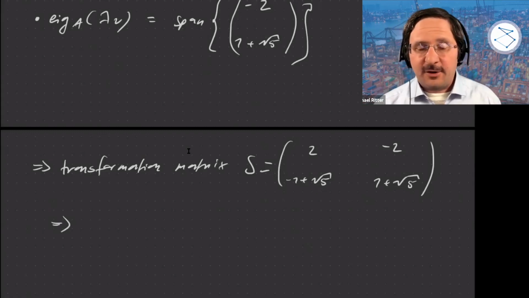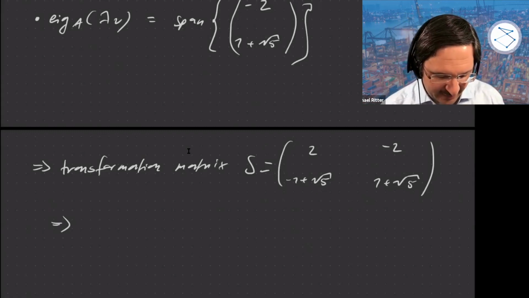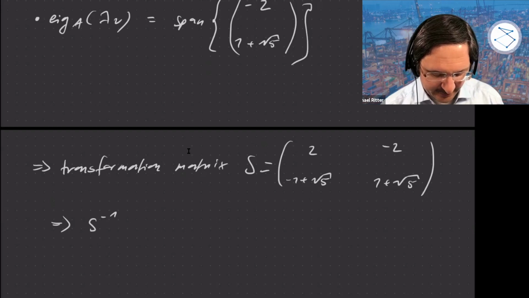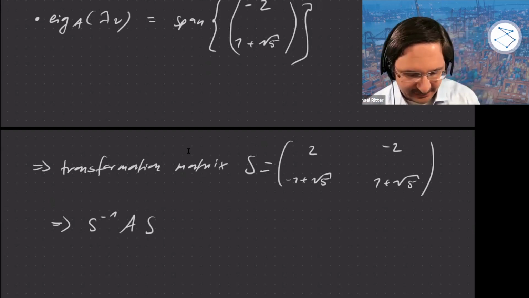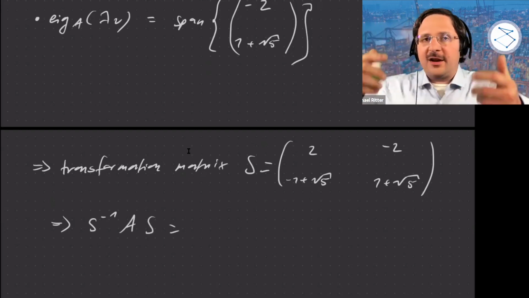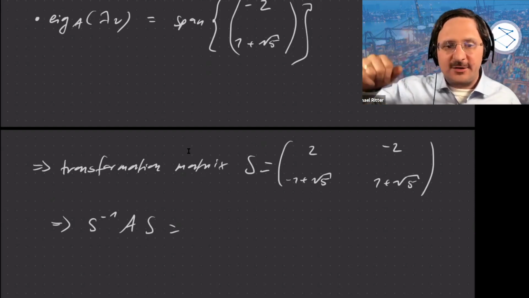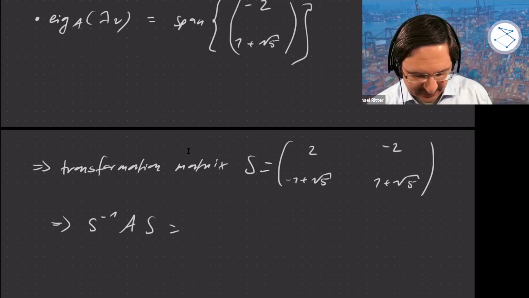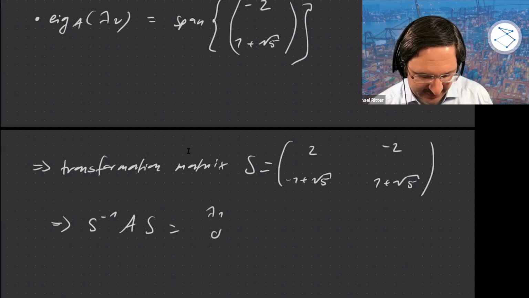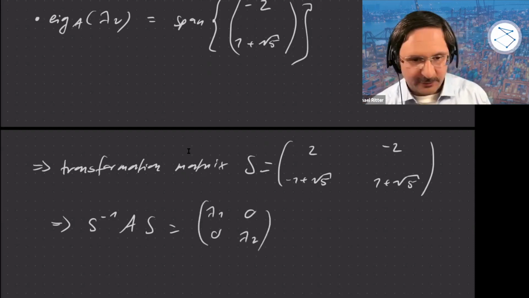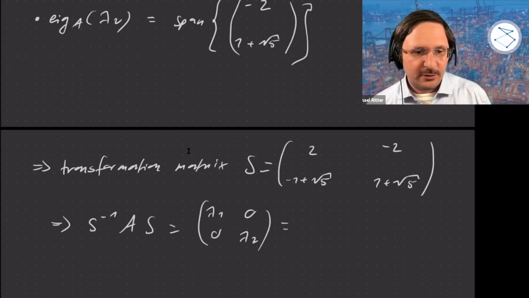And if I apply that transformation to my matrix A, meaning multiply S to the minus 1 times A times S, so I transform that linear mapping to the basis given by these two eigenvectors, then I get the diagonal matrix that consists of those two eigenvalues, lambda 1 and lambda 2.